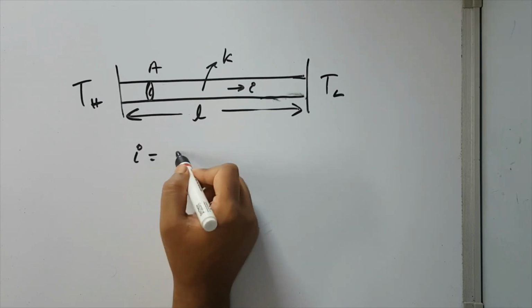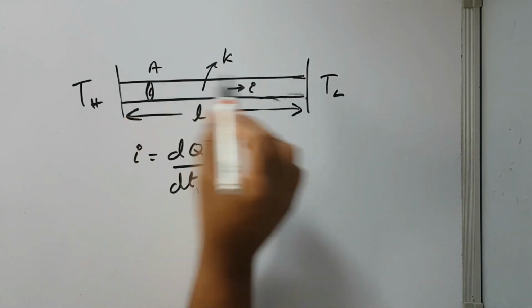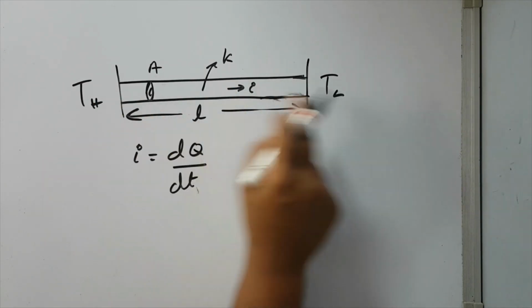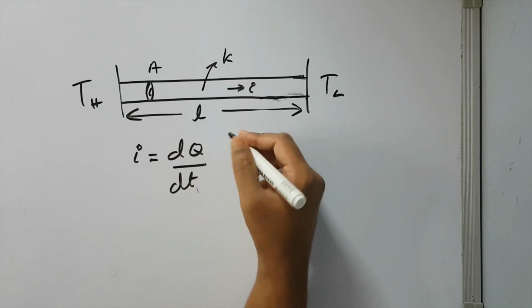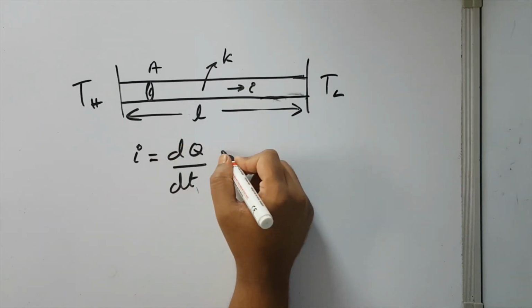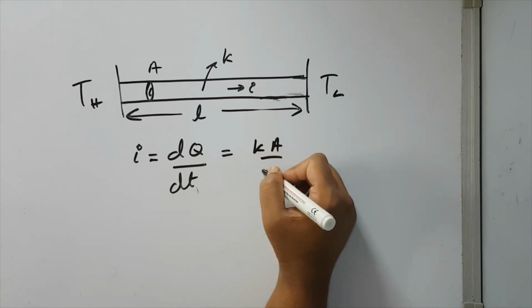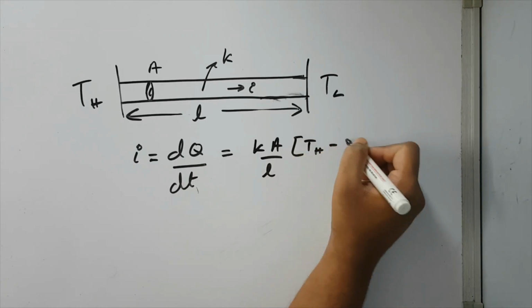I is the heat flown per unit time. Heat flows from higher temperature to lower temperature, and if you maintain these two temperatures, the heat current would be constant.